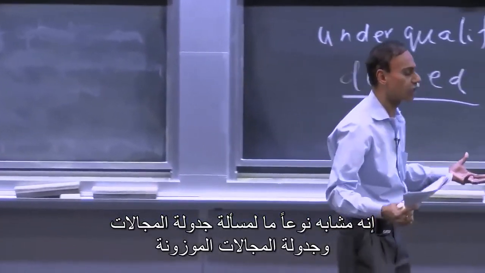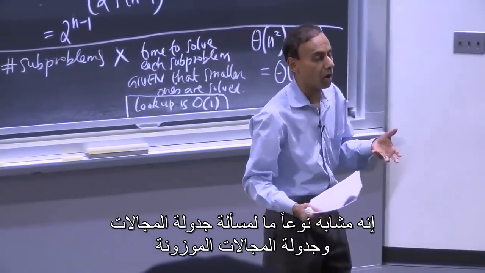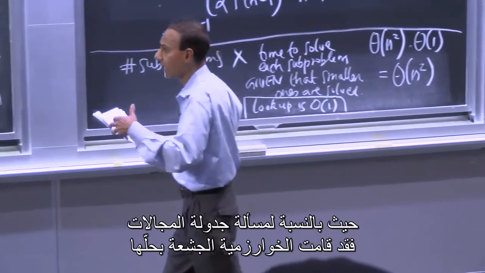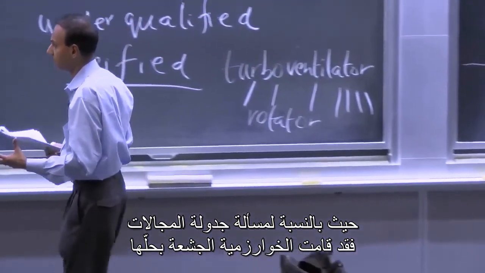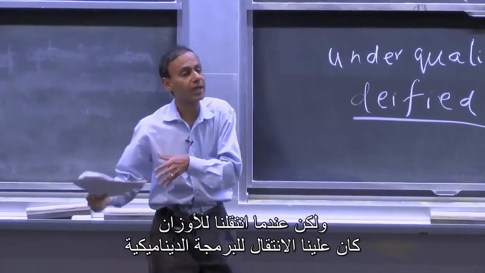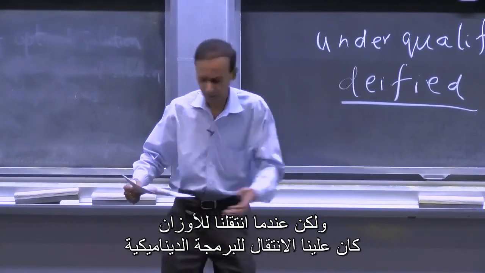So it's kind of similar to the interval scheduling and the weighted interval scheduling problem that we had back in February, where for the regular interval scheduling problem, greedy worked, earliest finish time worked, but when it came to weights, we had to graduate to dynamic programming.